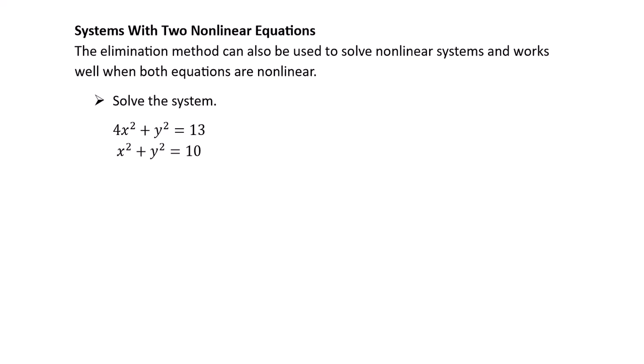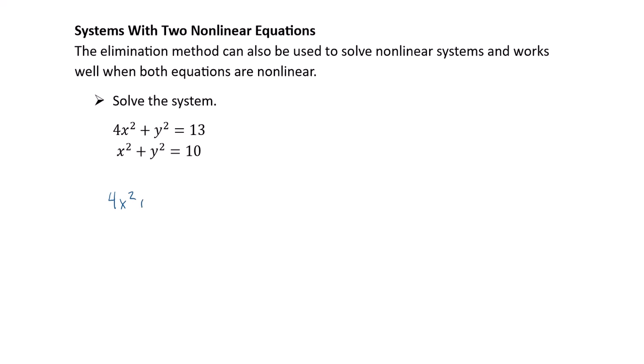Now, remember, the idea was to remove a variable by adding equations where you have opposite terms. And y squared and y squared, those are the same. So I could quickly modify my second equation, or even the first, by multiplying both sides by negative 1.